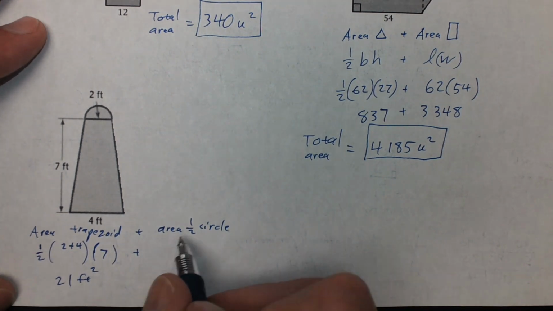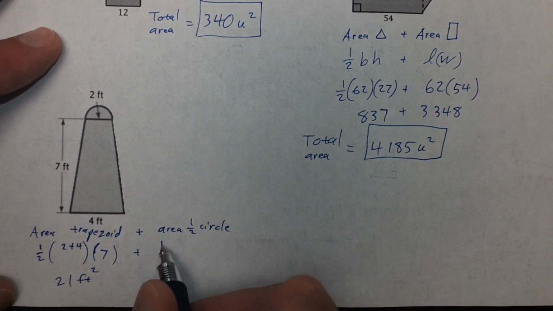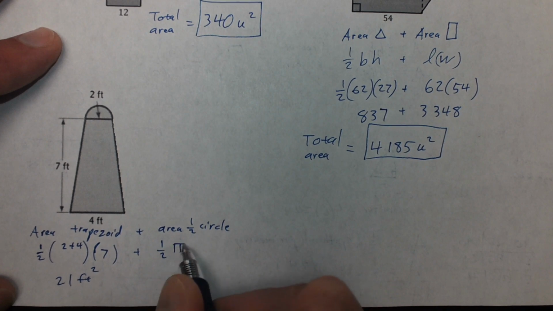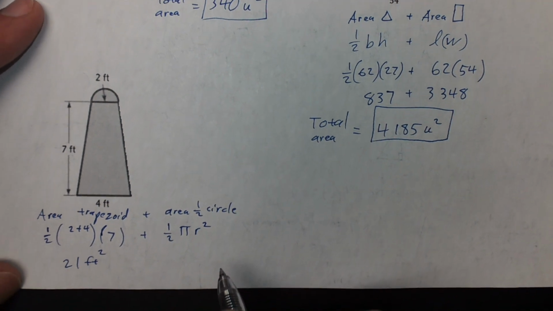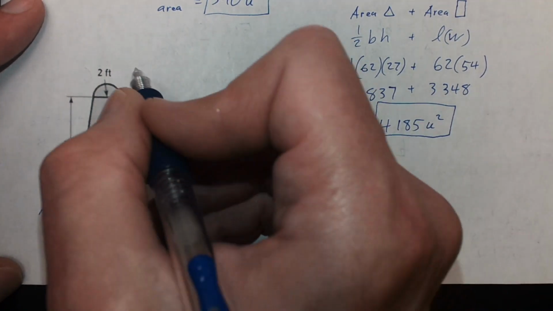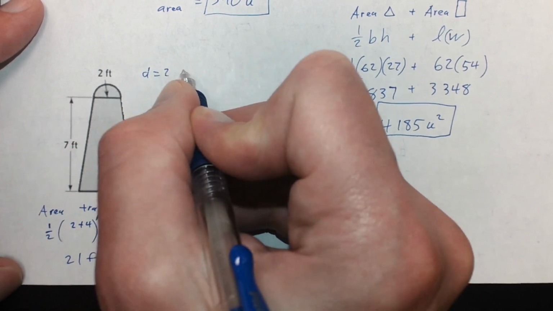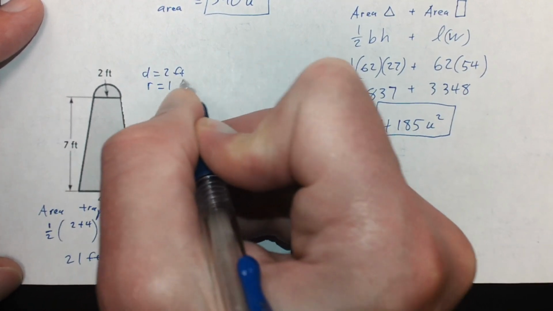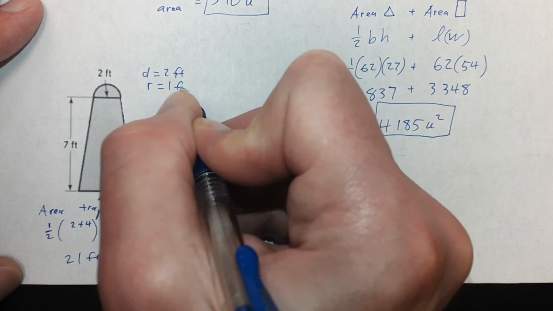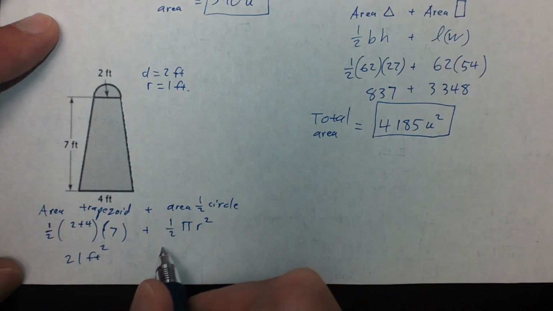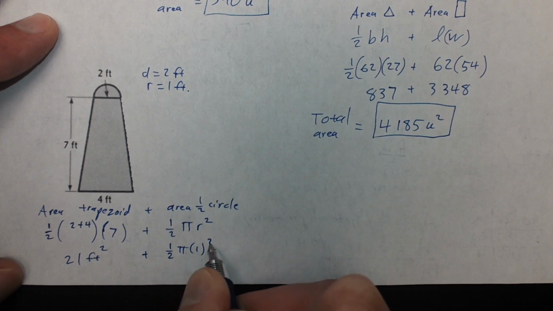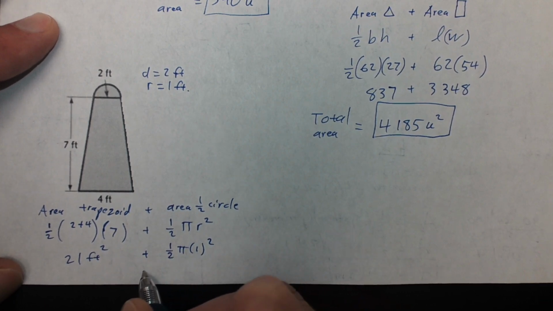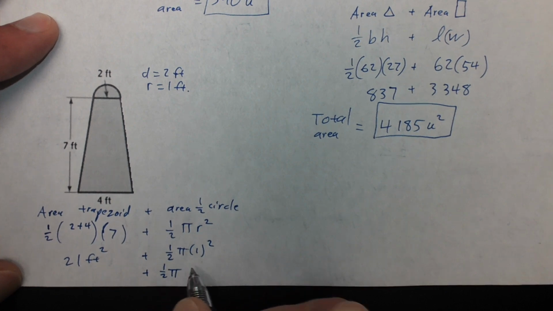And that circle, it's actually a semicircle. So whatever the area of a circle is, it's going to be half of the area of a circle. And what is the radius, since we do need radius? If the diameter is equal to 2 feet, the radius is equal to 1 foot. So that's equal to 1/2 pi times 1 squared, which is really just equal to 1/2 pi.